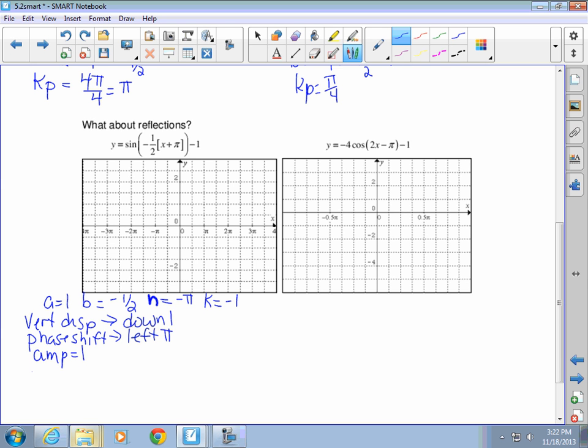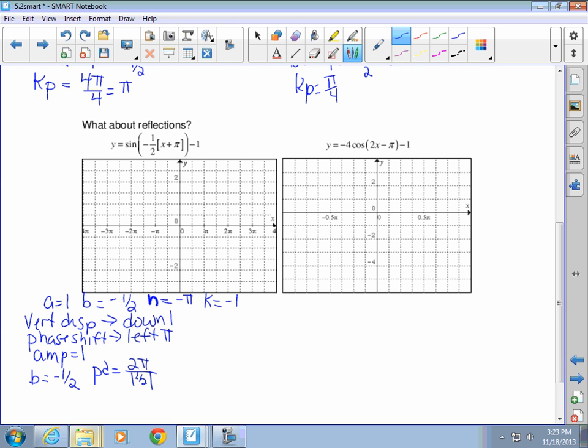My b value is a negative 1/2. So let's just look at what that does to the period first. My period is always 2 pi divided by the absolute value of b.